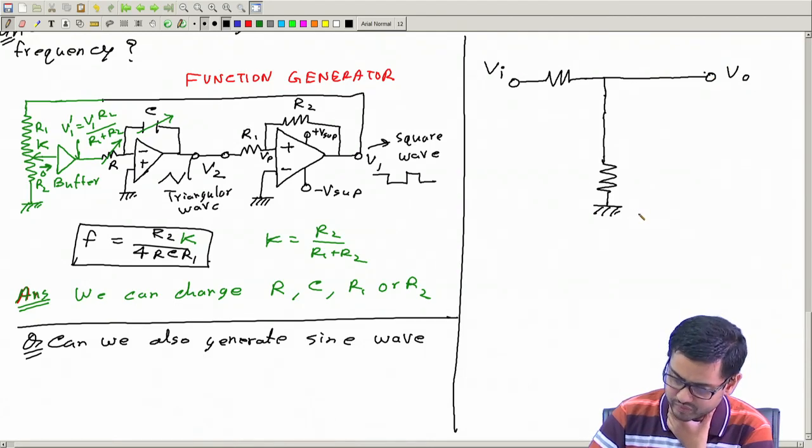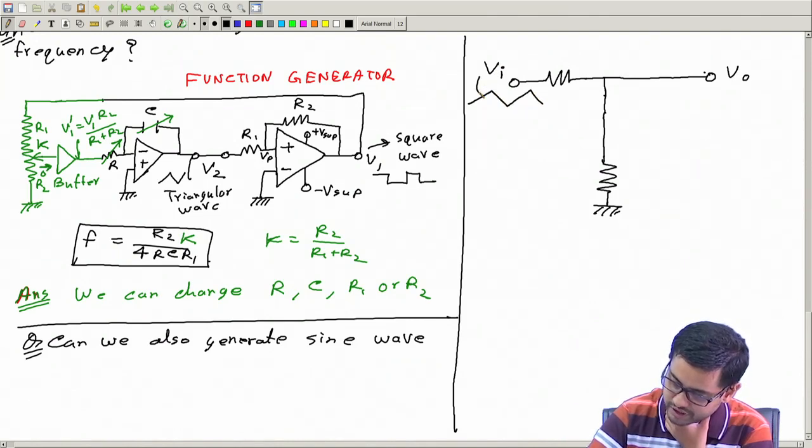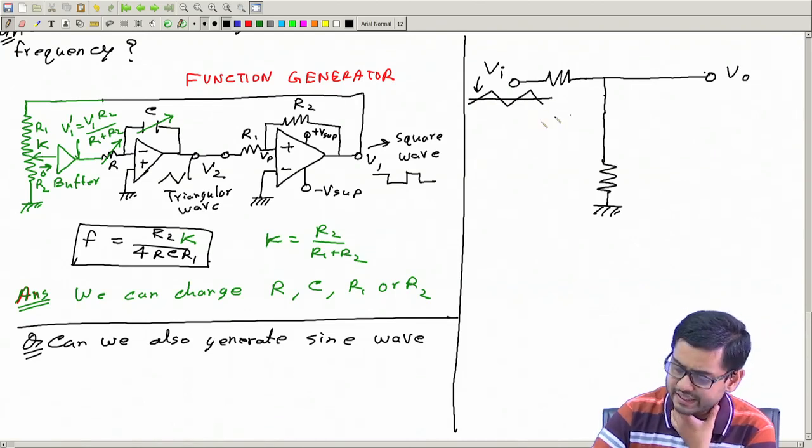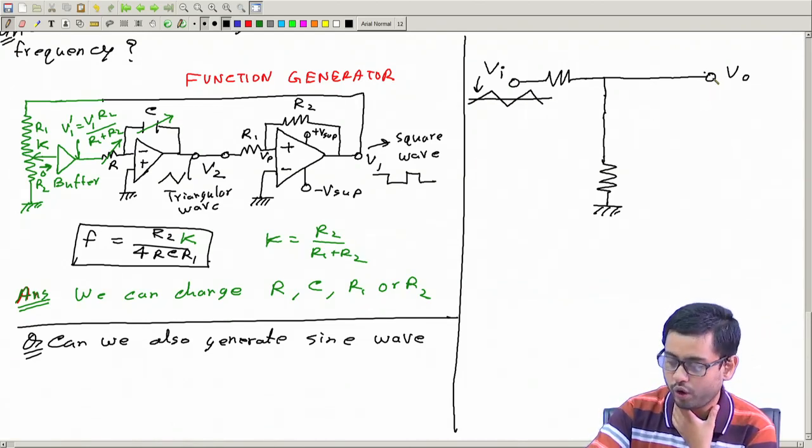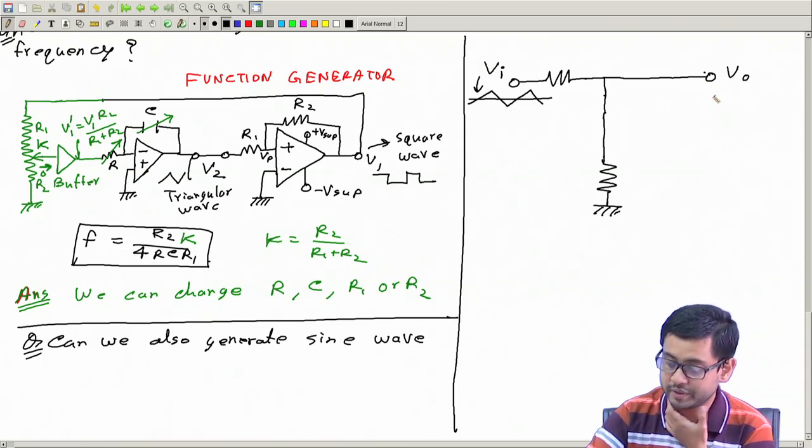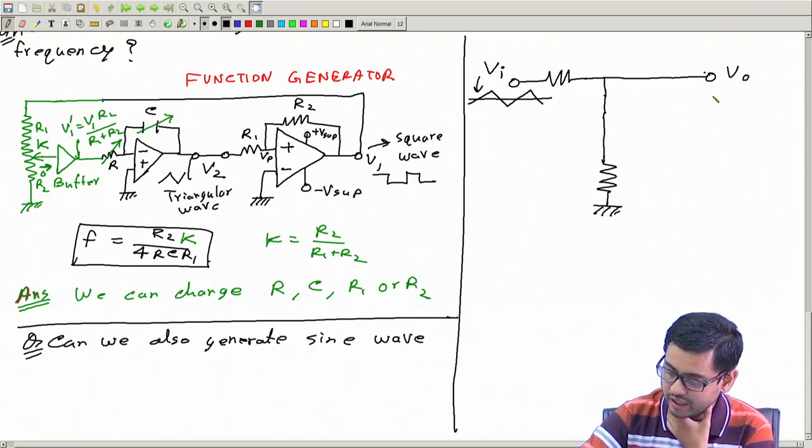And now if I have a triangular wave here, Vi is a triangular wave, then how will this Vo output be? It will also be triangular wave, right?